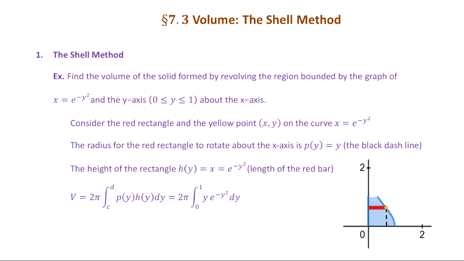You see the graph here, and the gray region is the plane region we want to rotate about the x-axis, with y from 0 to 1. You can see the curve x equals e to the negative y squared, the border of the region on the right.